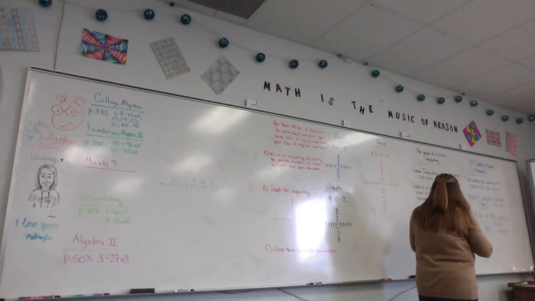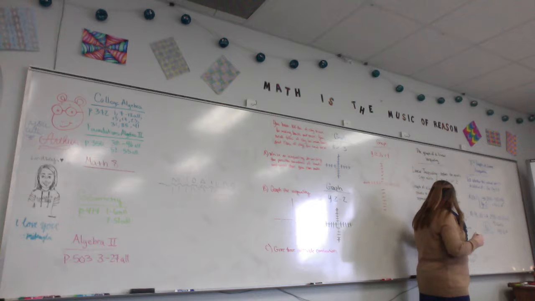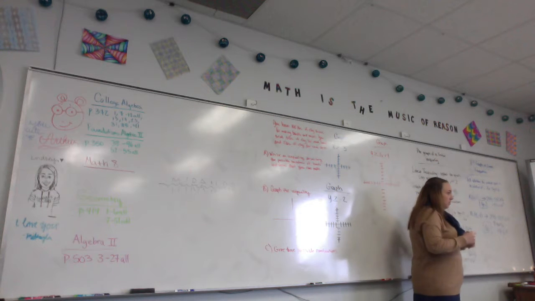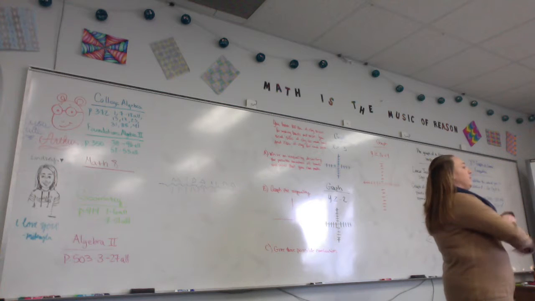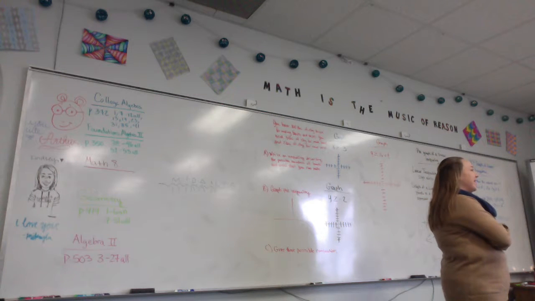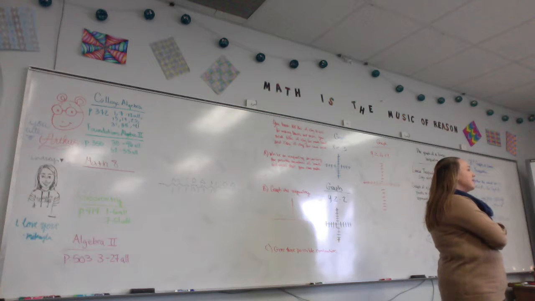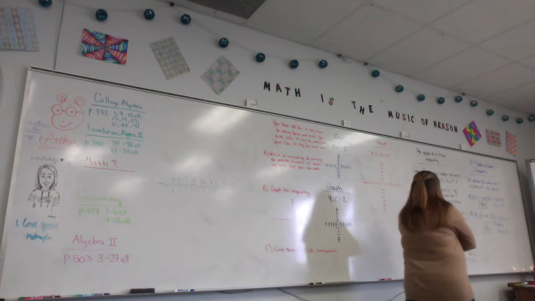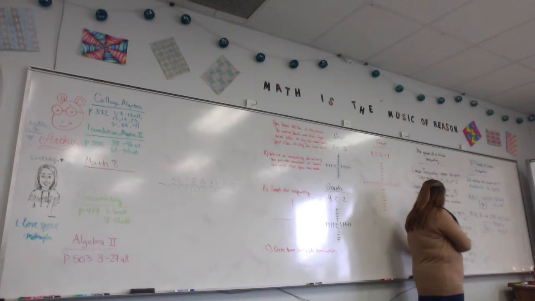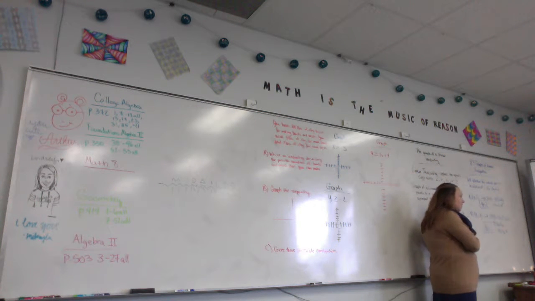Now, here's the deal. Do you see how my line is dashed? Why is it dashed and not solid? It's a trick question. You get a dashed line if this sign is greater than or if this sign is less than.